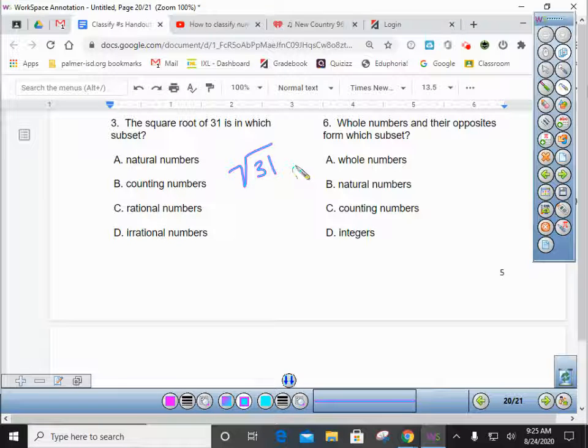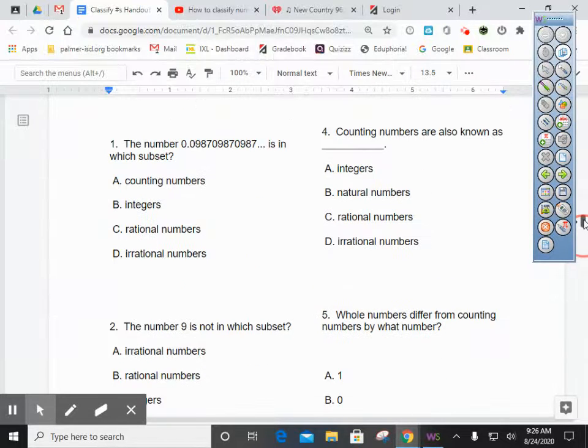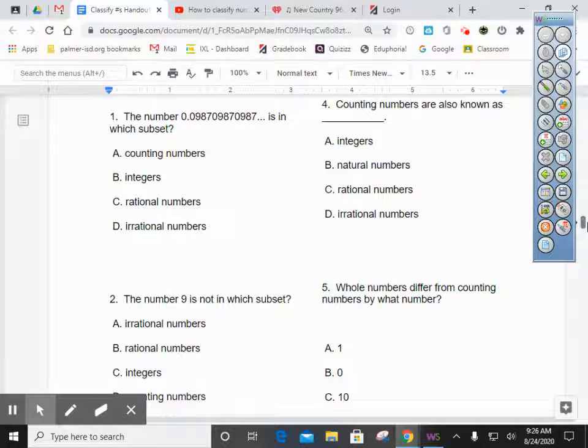Let's hear from somebody else. Where does the square root of 31 go? Is it a perfect square? Yes or no? No. So where does it go? Yell it out. Irrational, because it is not a perfect square. Perfect. Let's look at number 4. Counting numbers are also known as blank.